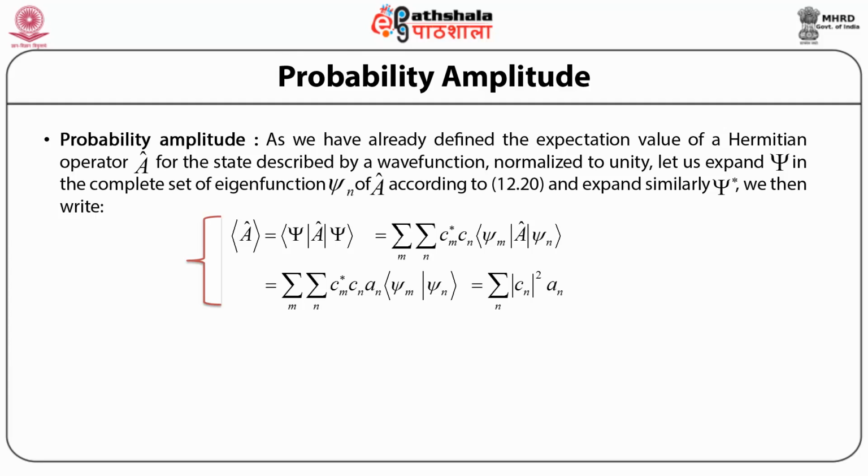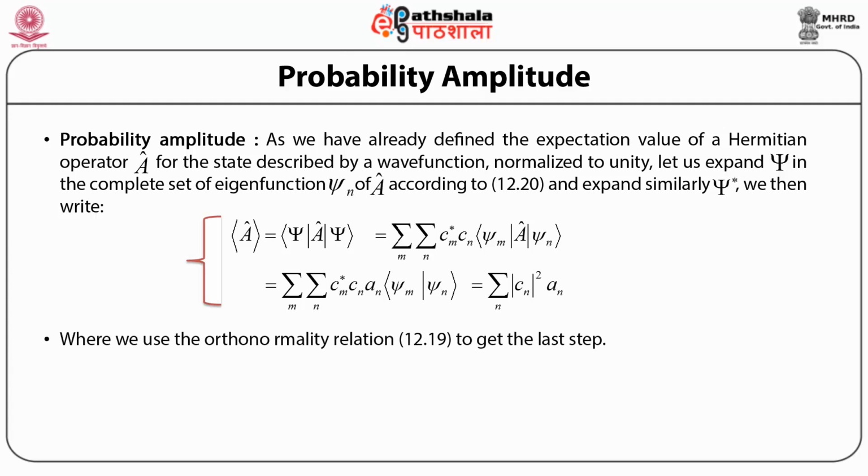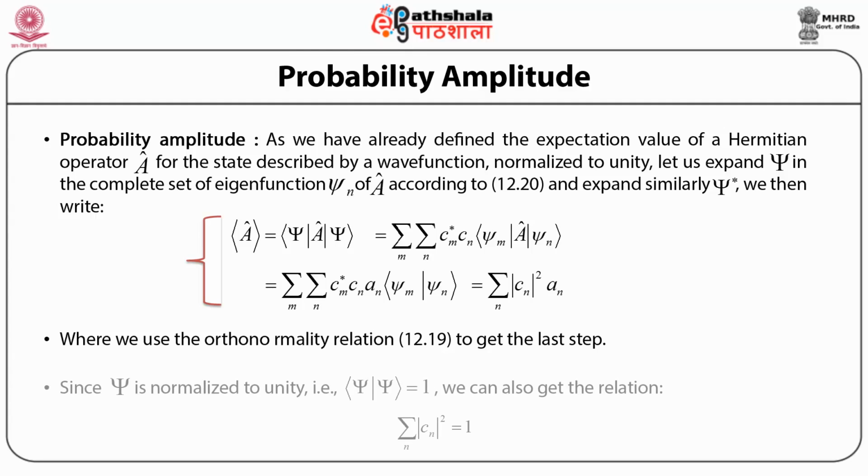This equates to the summation over n of the modulus of C_n squared a_n, where we use the orthonormality relation presented by equation 19 to get the last step. Since ψ is normalized to unity, that is, the inner product of ψ with itself is equal to 1, we can also get the relation summation over n of modulus of C_n squared is equal to 1.